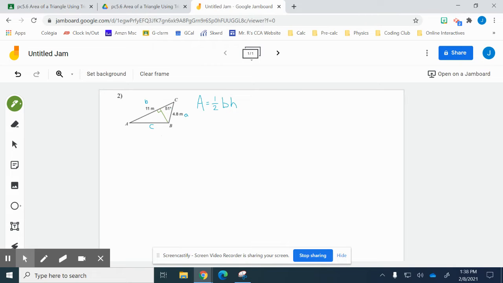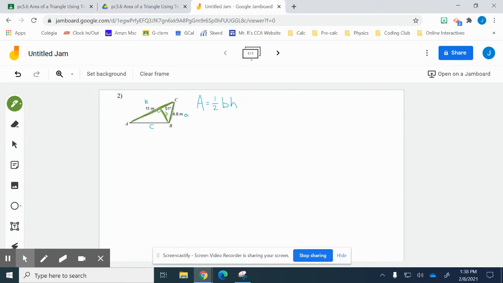Now we know that this is 90 in both directions, right? And I'm going to work with this triangle to start with. In fact, that's the only triangle I need to work with, because what am I looking for? I'm looking for this height right there, right? Because if I can find that height, I already know this base.